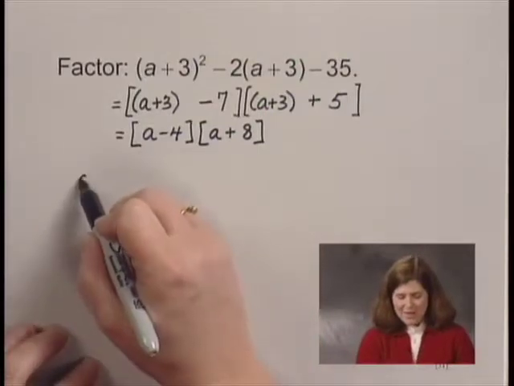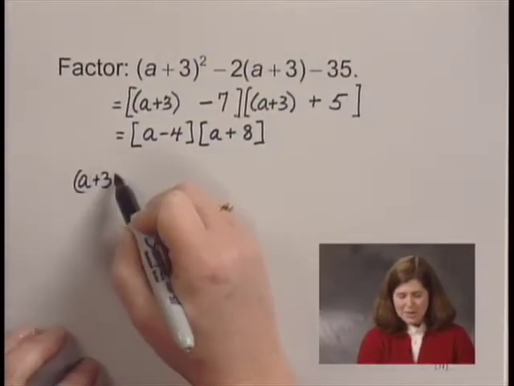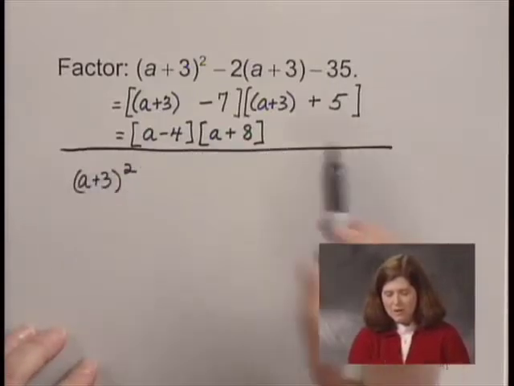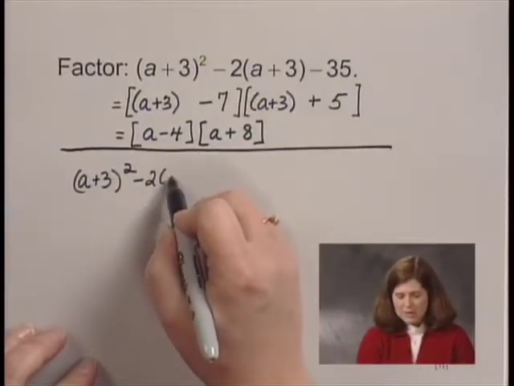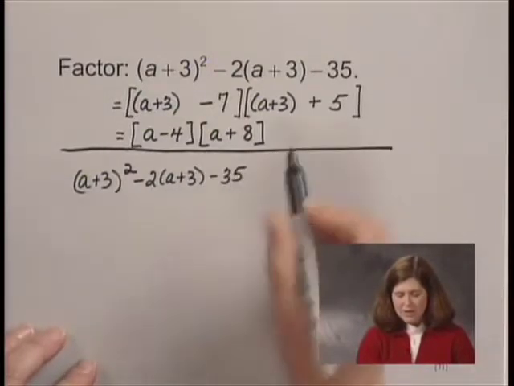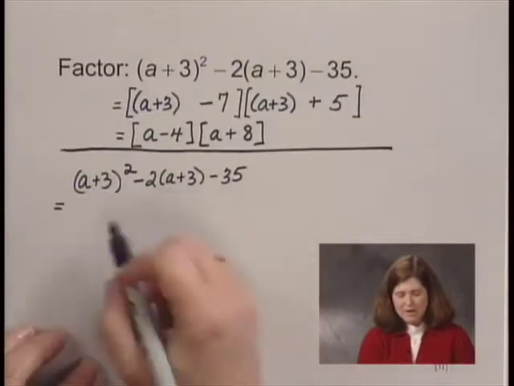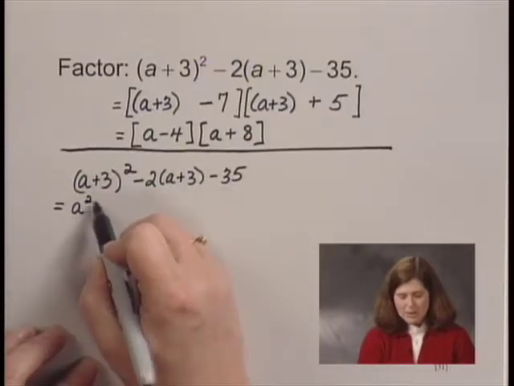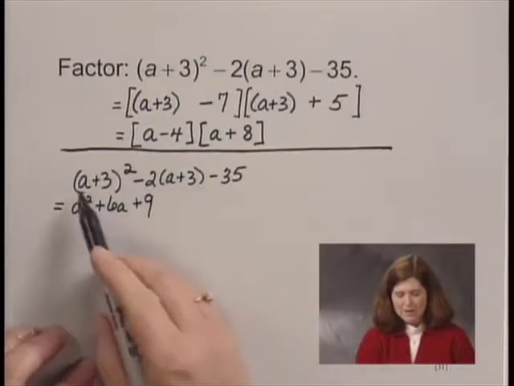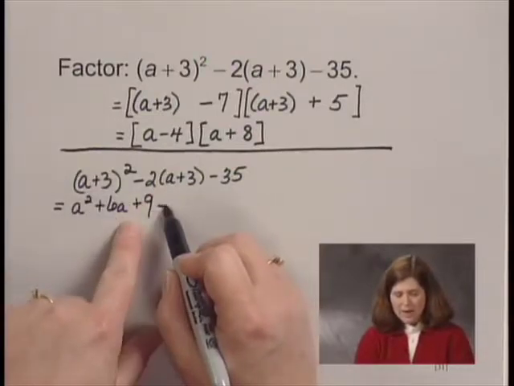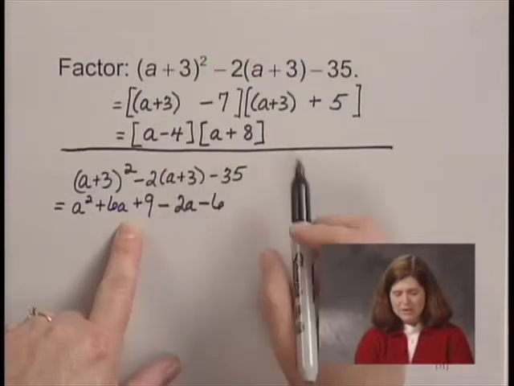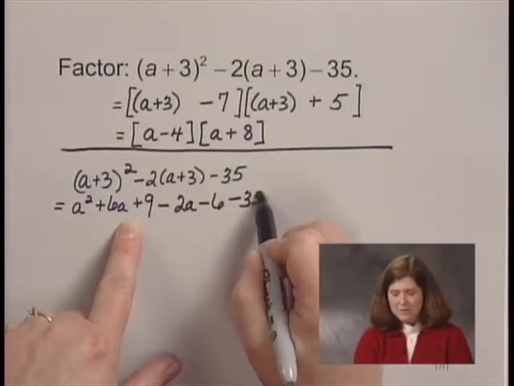We have (a + 3)^2. I'm going to draw a line here to show that we're working it out a different way now. Minus 2 times (a + 3) minus 35 equals, let's multiply this out, a^2 + 6a + 9, that's (a + 3)^2, minus 2a minus 6, that's multiplying this, minus 35.